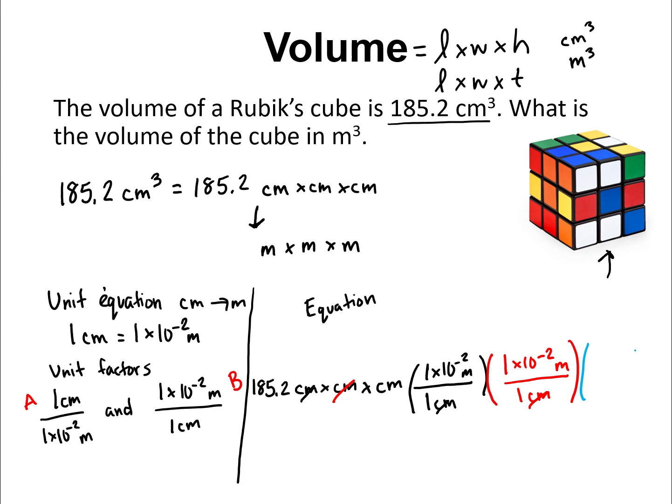And then we have to do that one more time. And now, when we go through and do the math, you're doing 185.2 times 1 times 10 to the minus 2, and you're doing that 3 times, so that's cubed. Put that into your calculator and let me know what you get.